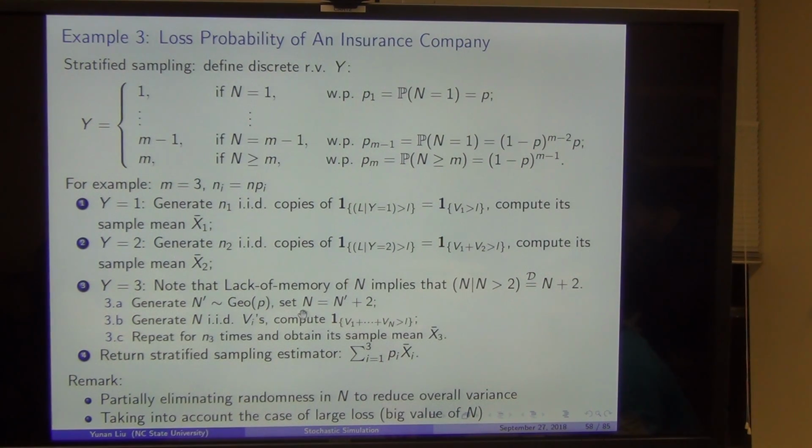Depending on whatever n you see from 3a, you're going to generate the ni copies of V and return the indicator of the summation of V greater than L. If the summation is greater than L, you return 1, otherwise you return 0. Repeat n3 times and obtain its sample mean, and aggregate the sample means using P as weight. This is your stratified sampling estimator.